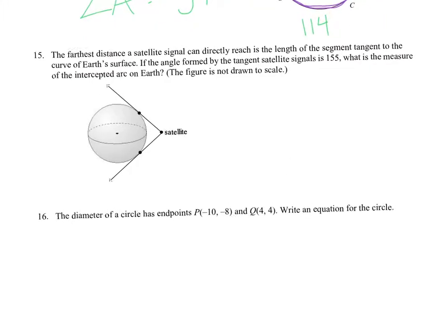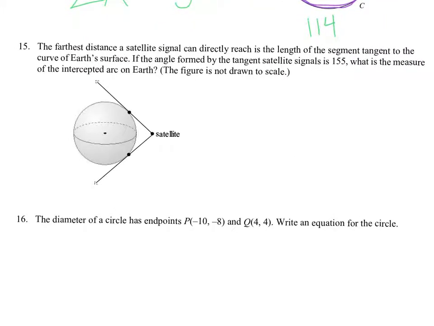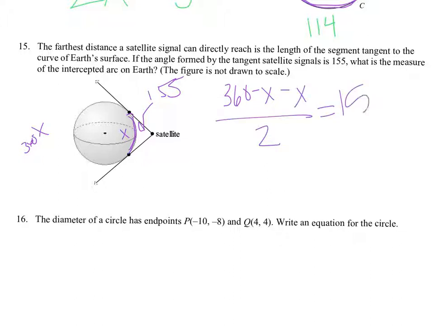Next, what is the measure of the intercepted arc? So what's the measure of this arc? It's saying that this angle right here is 155. So if this arc is x, this arc out here is 360 minus x. So the angle's on the outside, so it's large arc, subtract small arc, divide by 2 is equal to angle.